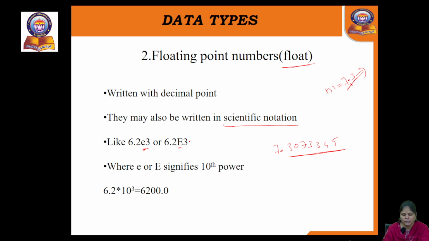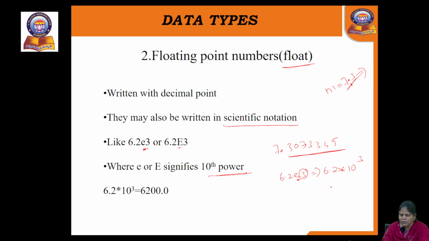Here small e or capital E signifies the power of 10. So if I have 6.2E3, that indicates 6.2 into 10 power of 3. So E is changed to 10 and the 3 indicates the power.